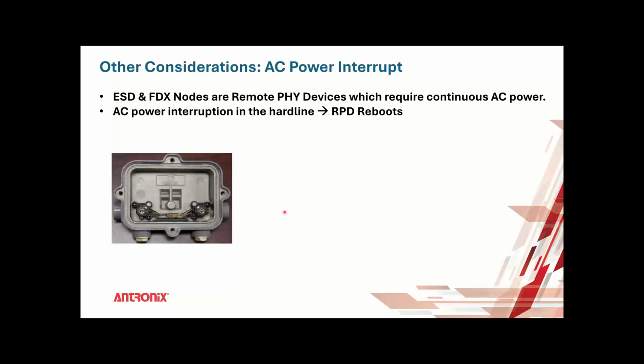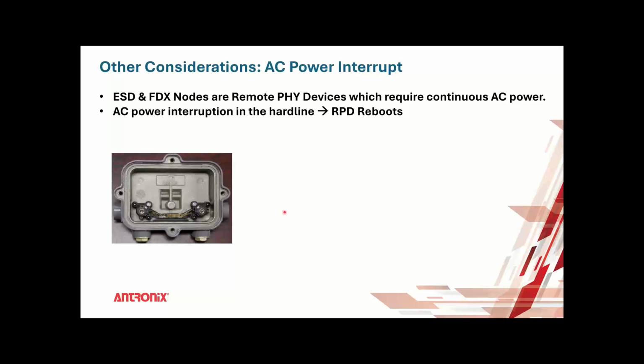So any type of AC power interruption in the hard line may cause the RPD, remote PHY device, either a node, to reboot. And some of these reboot times can be as long as 10, 15 minutes.